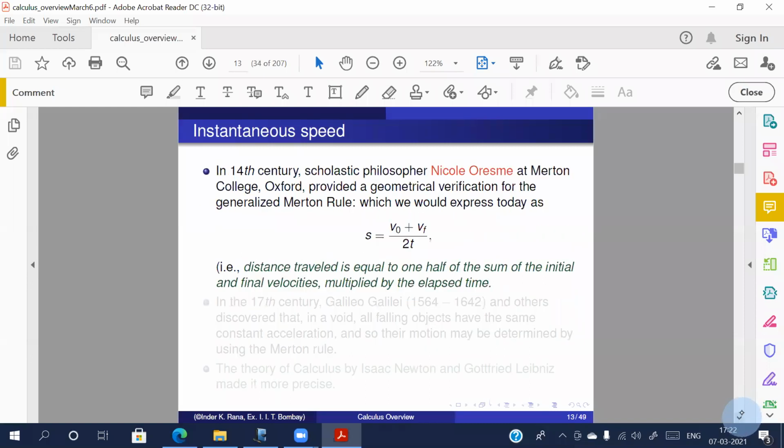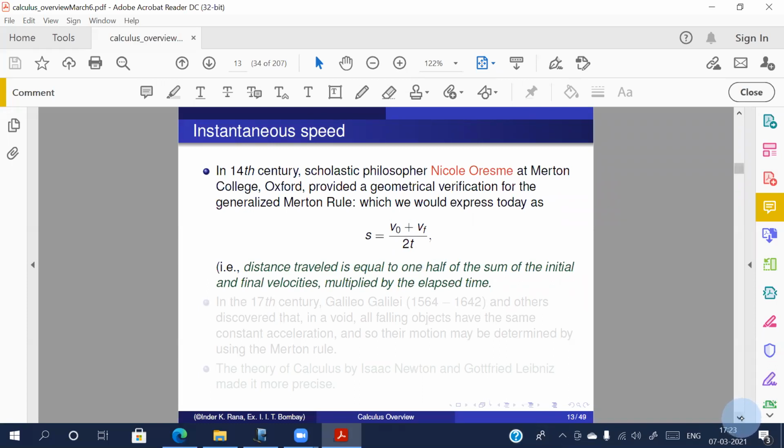So this is Greek, and then later on a philosopher in Merton College, Oxford, called Nicole Oresme, gave the idea of an average, right? So (V0 + Vt) divided by 2, times t. That is the idea of the average that he gave.